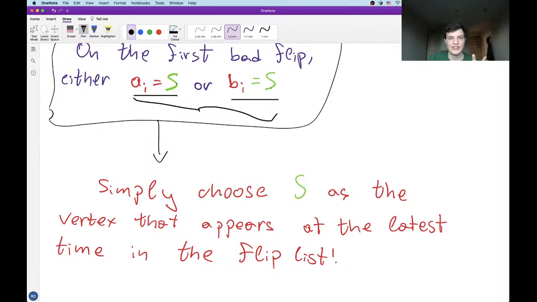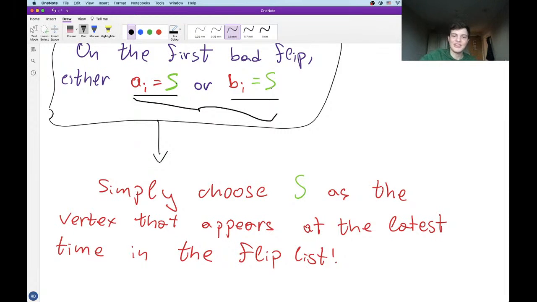We look at the first edge and block AI and BI from being S. Then we look at the second edge and block A2 and B2 from being S, and so on until we reach AK for some K, when we can't block any more vertices from being S, and we choose one of the 2 vertices to be our S.